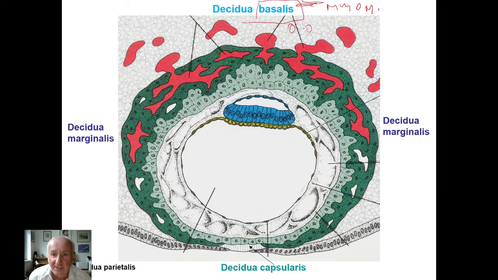So here the reaction will be mostly intensive. You will see the nicest, perfect, big decidual cells. Why at this place, between the blastocyst and the myometrium? Because decidua basalis is a very important part for the development of the placenta later.